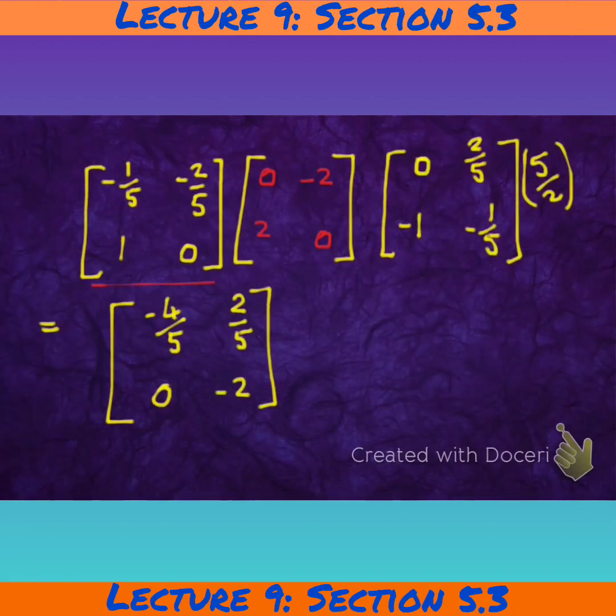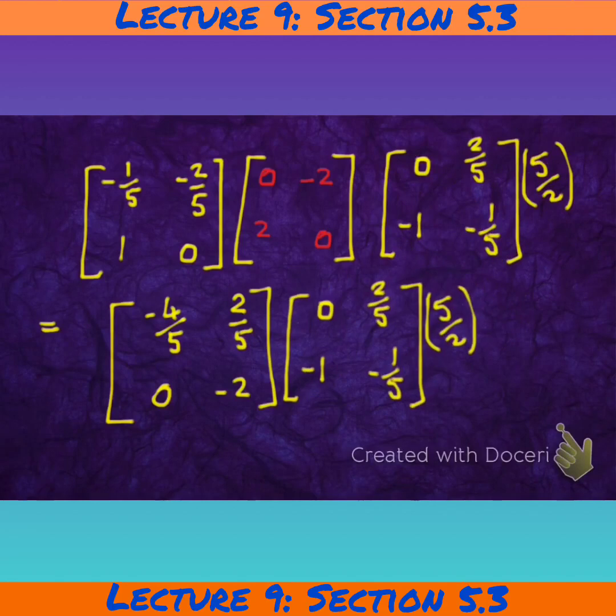Multiplying those two matrices out, we get that matrix, and then we multiply that with the inverse.